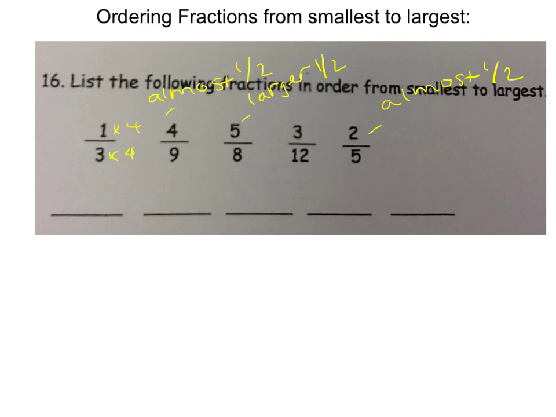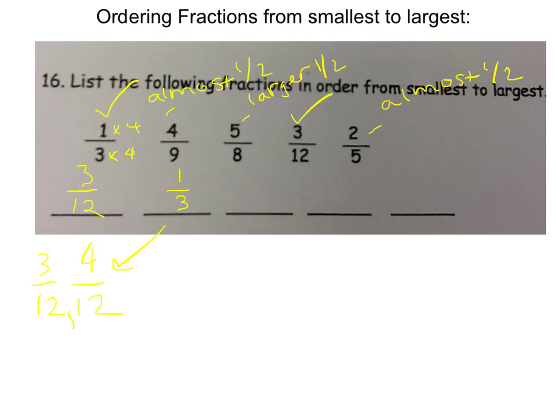If I multiply each side by 4 for 1/3, I would get 4/12. If I compare that to 3/12, I can clearly see that 3/12 would come first. It's smaller, and 1/3, or 4/12, would come next.